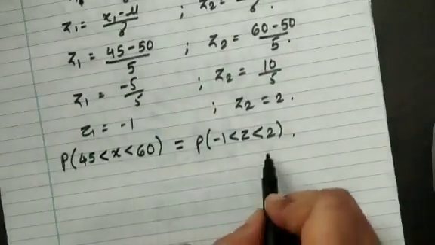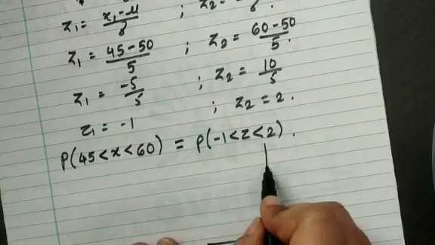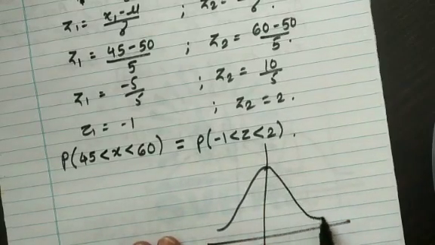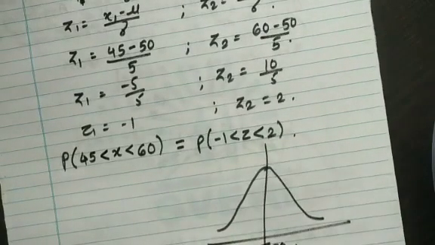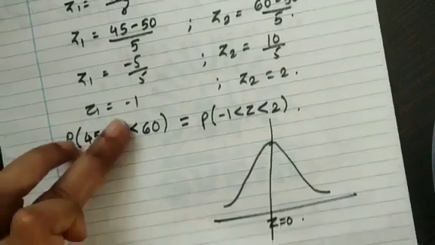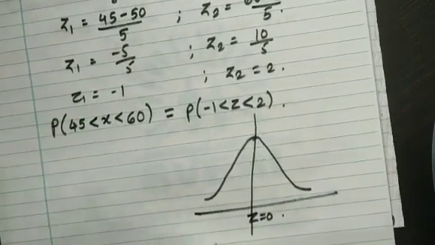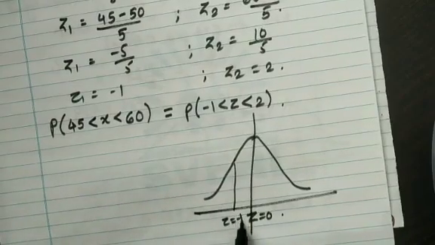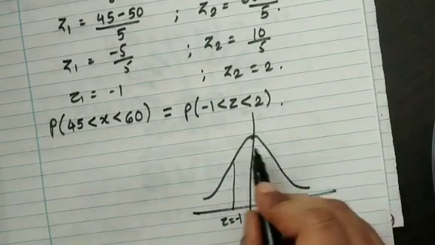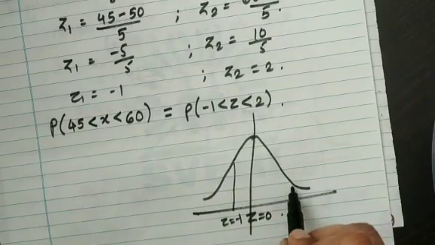Okay, then we will draw it on the curve. Here it is z is 0. Try to understand, this is a straight line. For the first, z is equal to minus 1, so it is on your left hand side somewhere here. Z is minus 1 and then z is 2. It is positive, so it is on your right hand side.